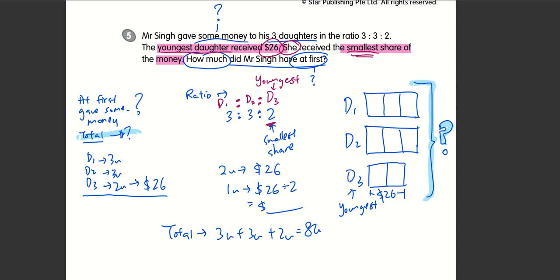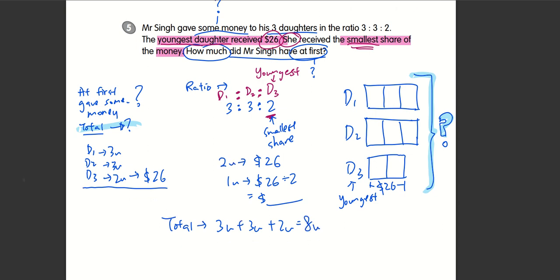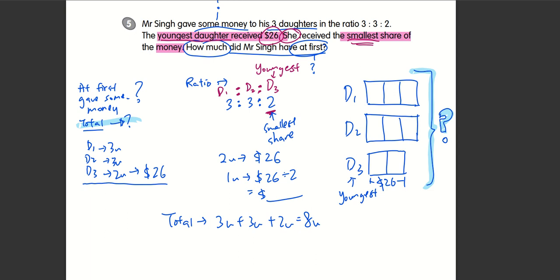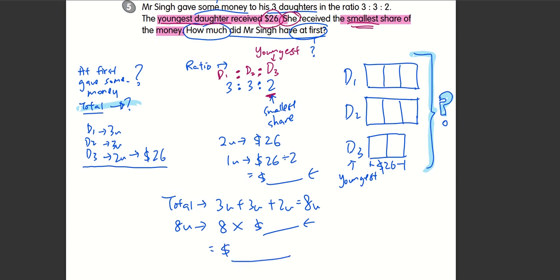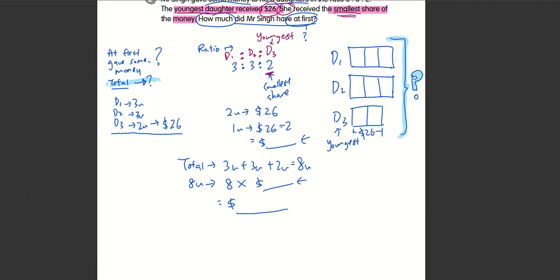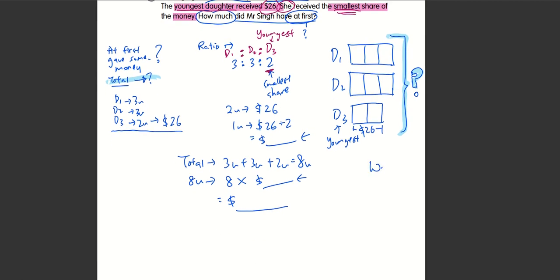So how much did Mr. Singh have at first? 8 units. That's the total. It will be 8 times that 1 unit, which is this amount here, and then I do my calculations, we will get that amount. So in the end of this question, you do your workings at the side.